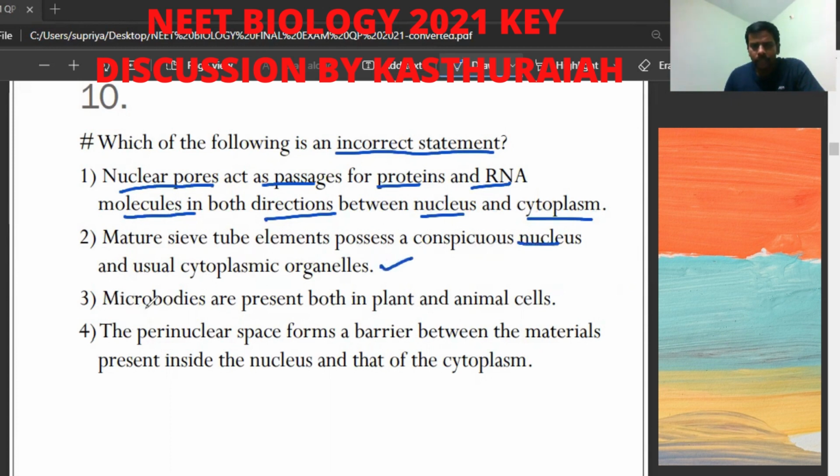Third option, the microbodies are present both in plant and animal cells. Fourth option, perinuclear space forms a barrier between the materials present inside the nucleus and that of the cytoplasm.